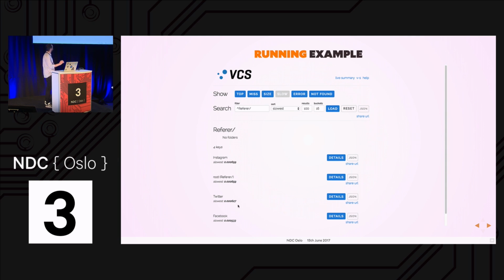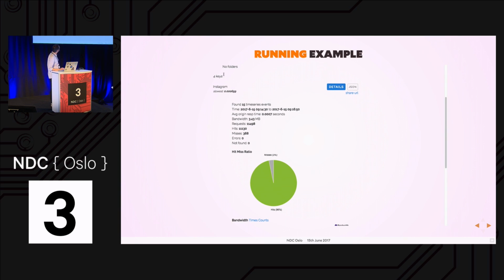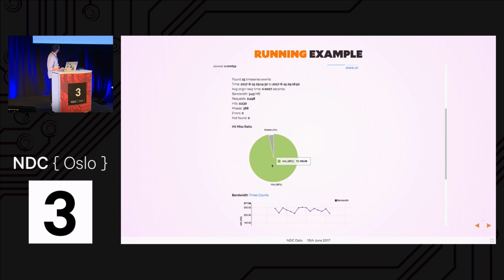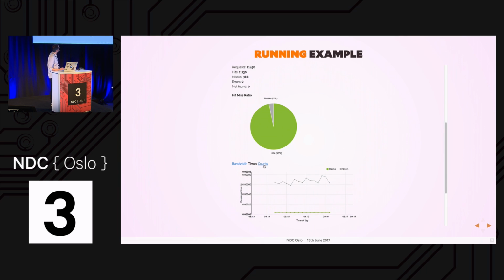Of course, here the order of magnitude is not very relevant. This is just an example. And then out of the box, I get all of these details. I found 15 time series, and I can see how many cache hits, cache misses, the bandwidth that was consumed, the response time, and the number of times it has happened. So hits and misses along the time.